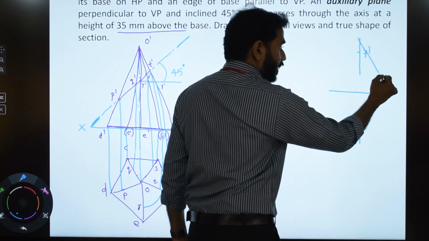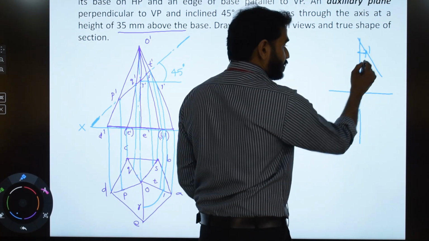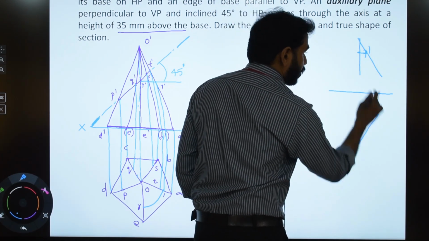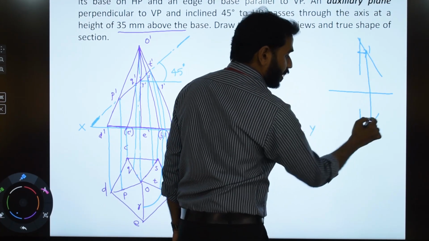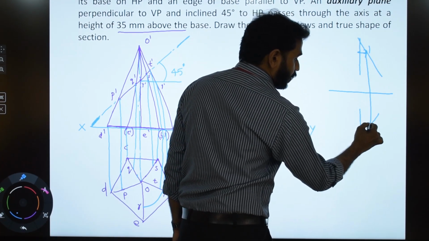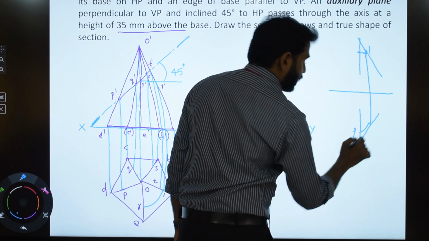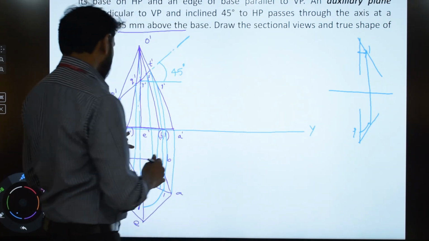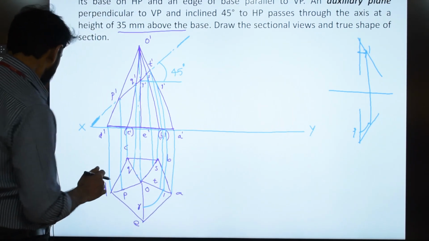So we assume that it is on another slant edge, say this is the top view of this slant edge. We transfer this cut point onto the top view and we rotate to get the top view exactly. So this is the procedure that we have used here to locate the top view of R dash.